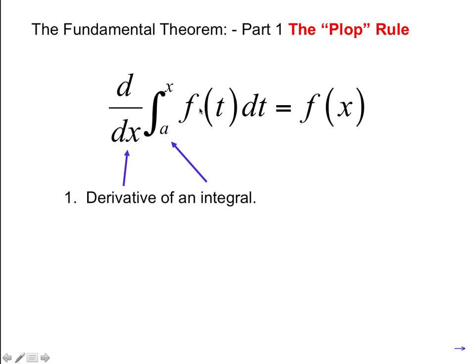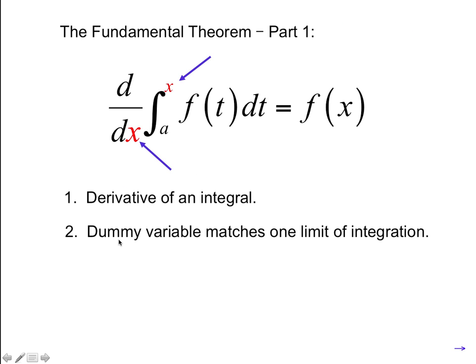And so we have to identify this plop rule so that we know when to use it. The first thing to identify is: are you taking the derivative of an integral? So this integral is this symbol here, and you've seen that all unit. So are you taking the derivative of an integral? If that's yes, then we ask ourselves these questions. Remember the term dummy variable? Is the dummy variable matching the variable used in the limit of integration?